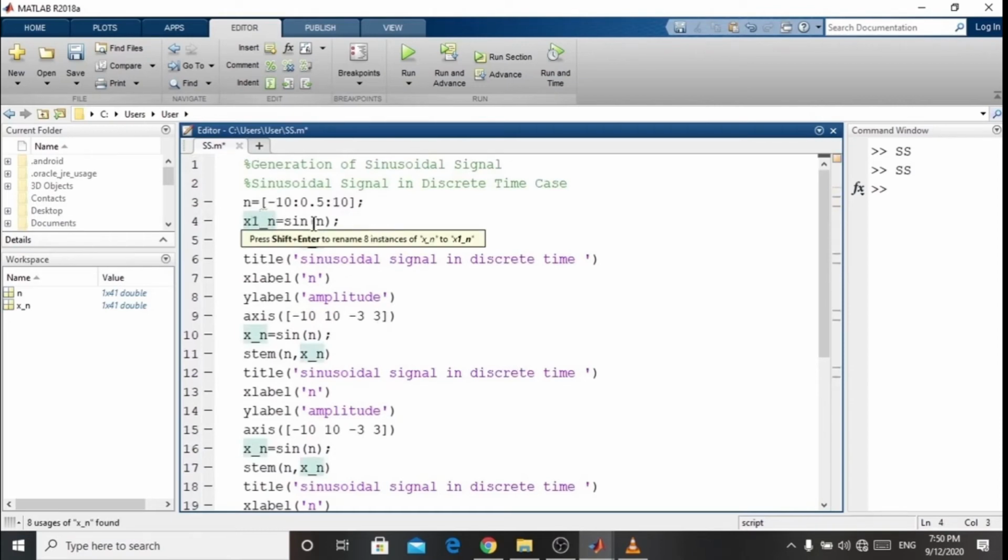Defining x1 is equal to sine of n, same as that of the previous case. Here x1, this as x2, and multiplying this signal with 2. Now the amplitude of this signal becomes 2.